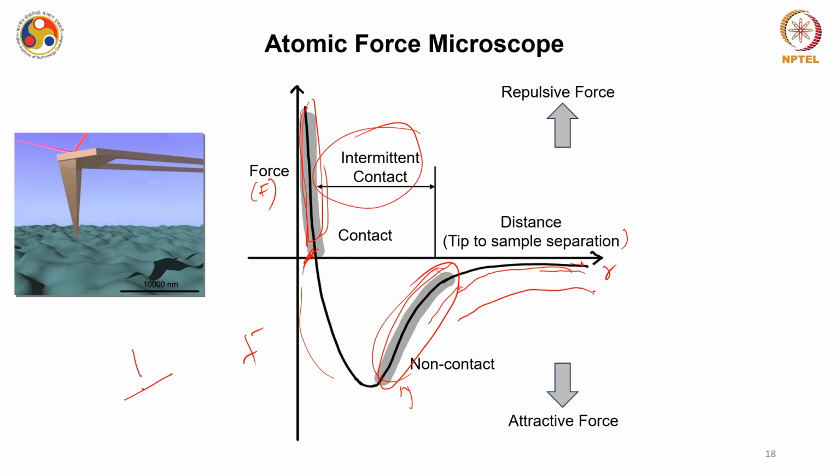So that is how AFM measures the force, and based on the measurement of force, it can predict how the sample surface will look like. That's why, although there are no optics involved, we are still calling it a microscope, because it can suggest the contour of the surface.